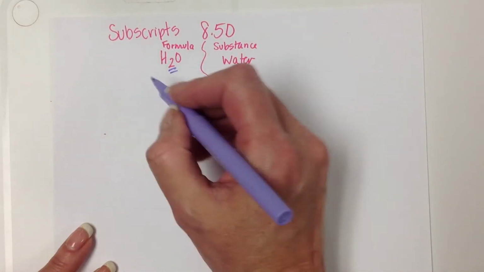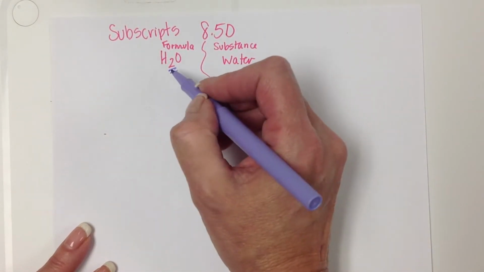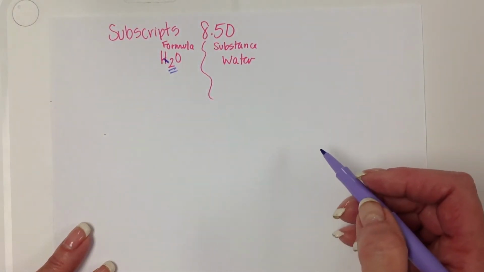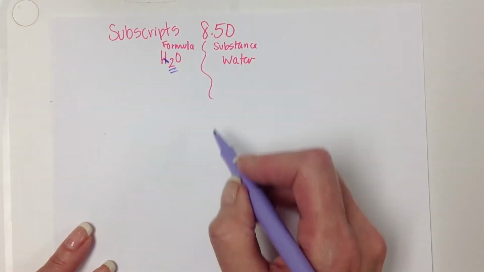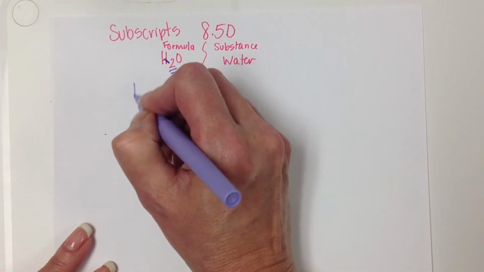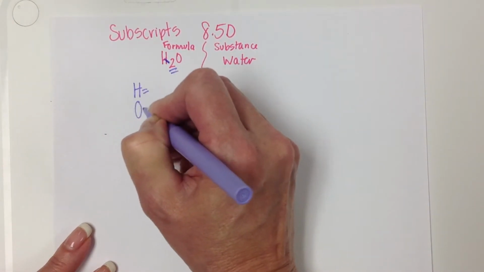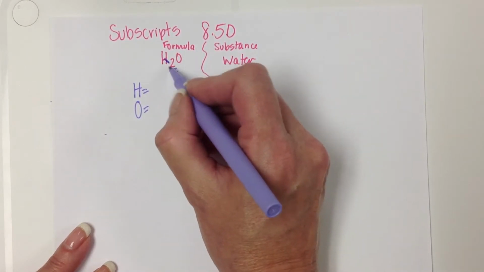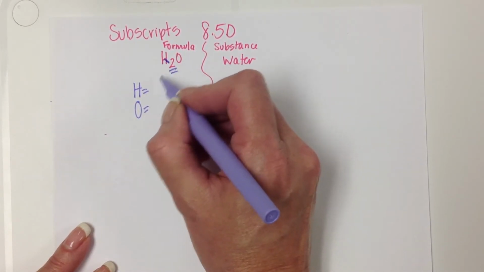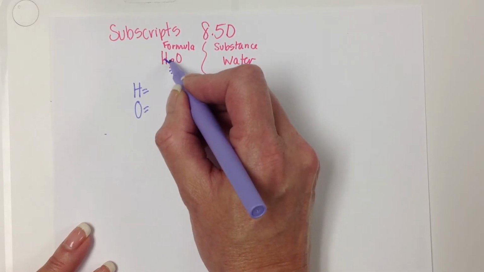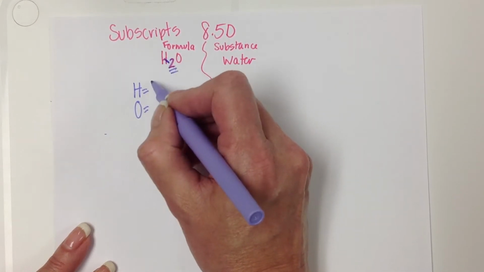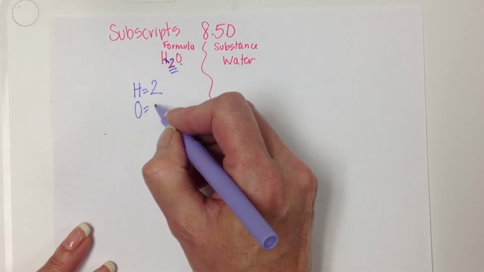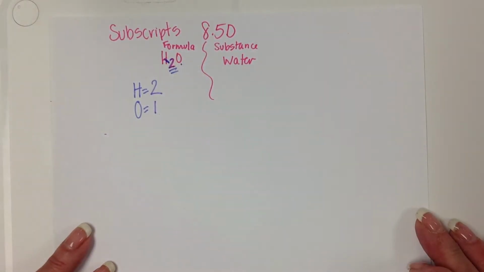The subscripts are always smaller numbers, and they always go with the element in front of them only. So if I were to count elements here, I would have H equal to and O equal to, because both H and O are in this formula. So I know H has 2. There are 2 H's, because the subscript says there's 2. And O, well, there's only one O listed. There's no subscript, so it's only that single one.